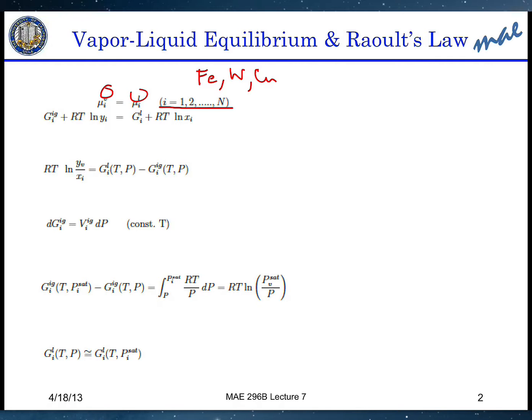So what we will do is calculate the chemical potential in the vapor phase and calculate the chemical potential in the liquid phase and equate them and get an expression for equilibrium that hopefully can answer that question. How are they going to split? In order for us to find that, we will look for the fractional concentrations in each phase.